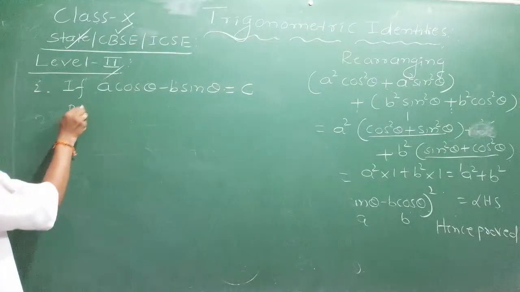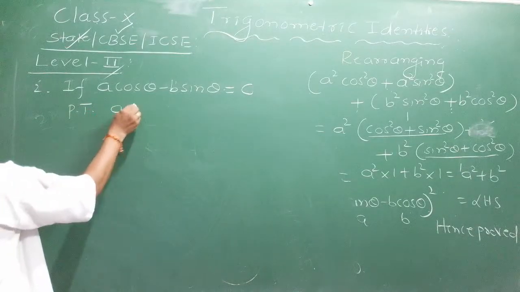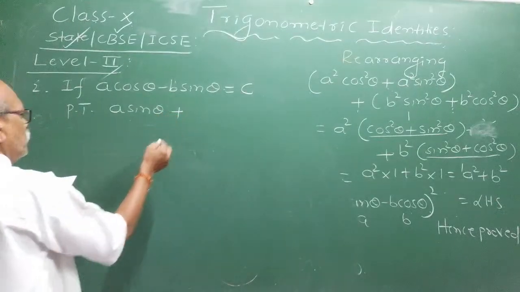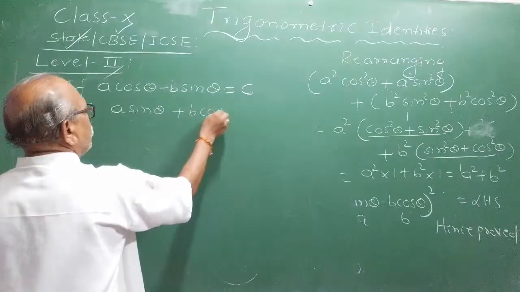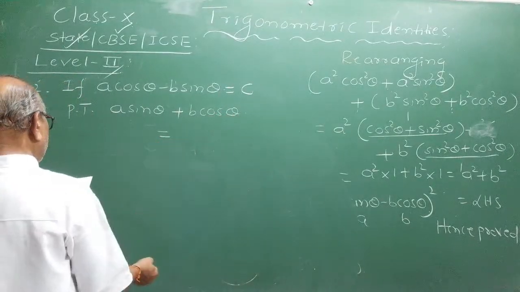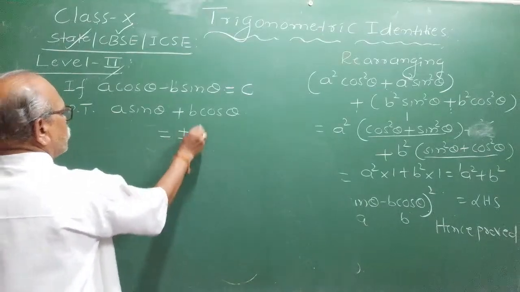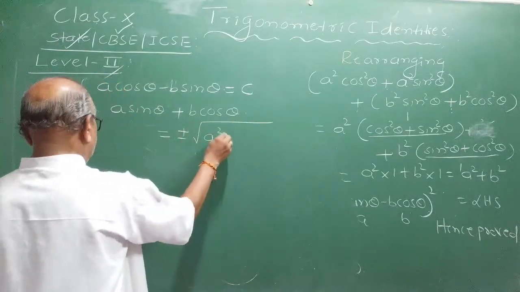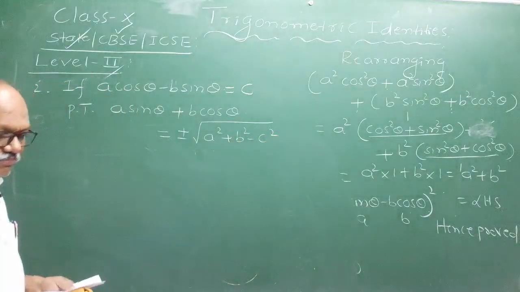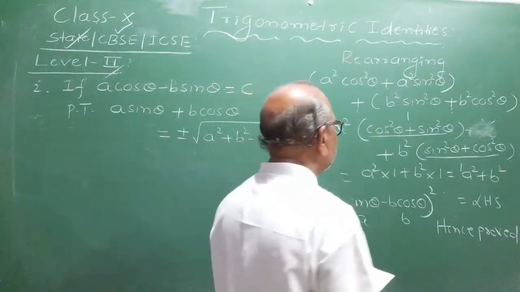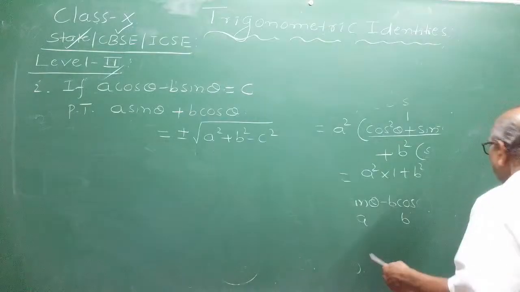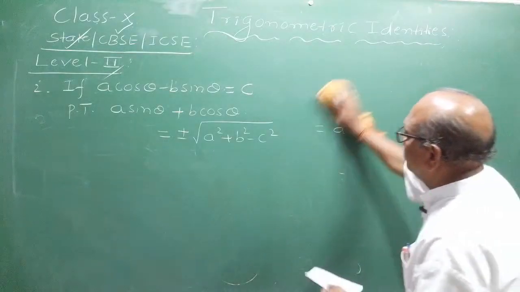Prove that a sin theta plus b cos theta is equal to plus or minus root of a square plus b square minus c square. I hope you noted this problem. This one also appeared in CBSE previous year question papers.